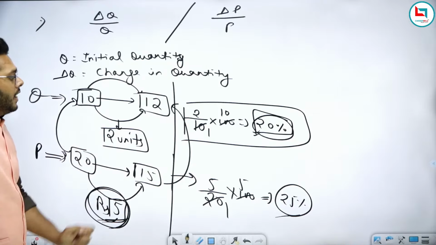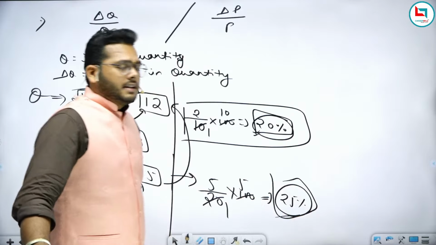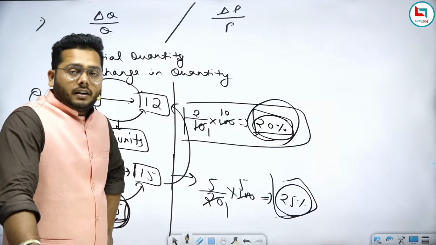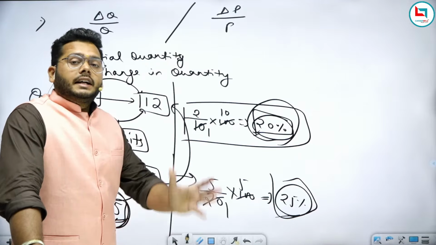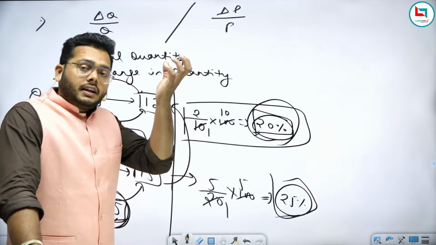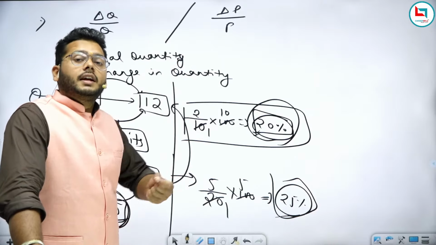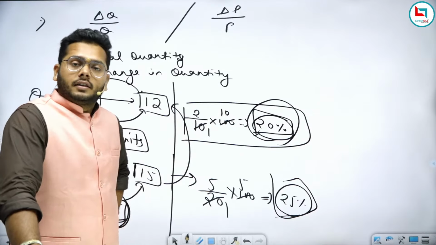Now I can say that after the decrease of 25% in price, you will have an increase of 20% in the quantity demanded, right?